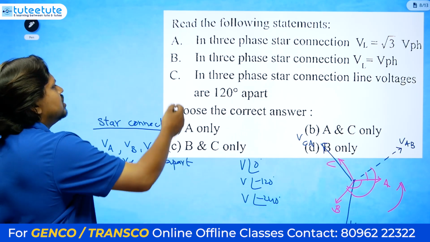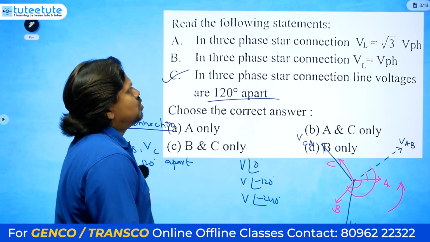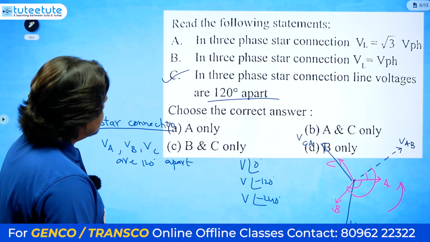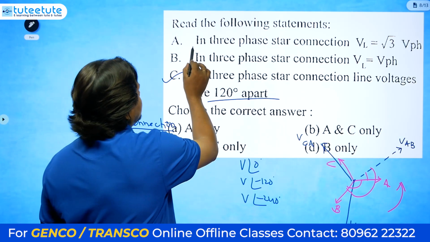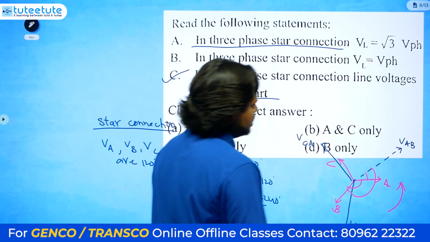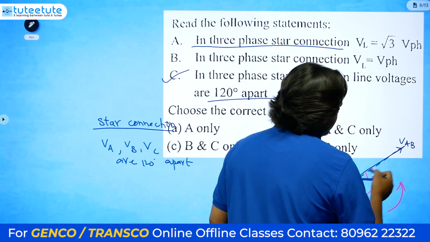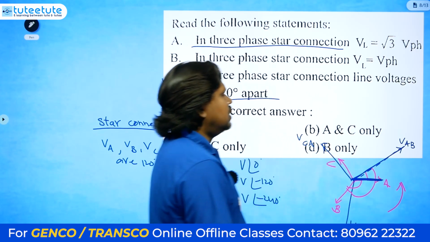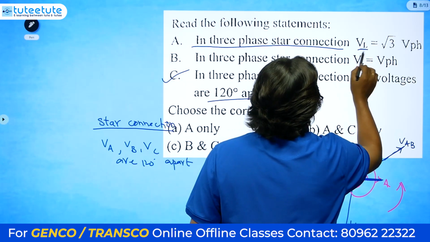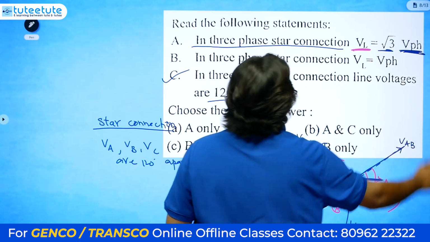So this option says in a three phase star connection, line voltages are 120 degrees apart. Don't think about whether it is a balanced star connection or not; generally they need to give a balanced one only. Now the statement in a three phase star connection VL equals root 3 times V phase: see the magnitude, the phase voltage is root 3 times less than the line voltage, otherwise the line voltage is root 3 times greater than the phase voltage.